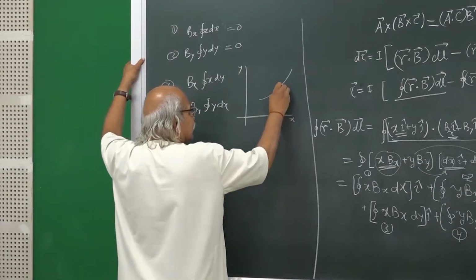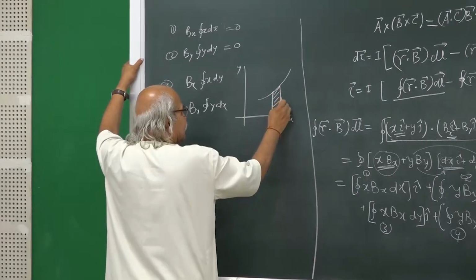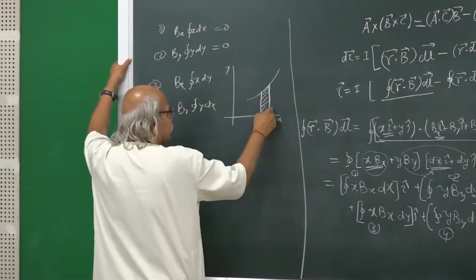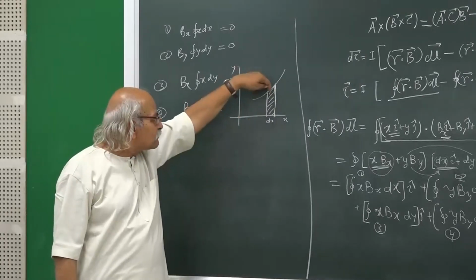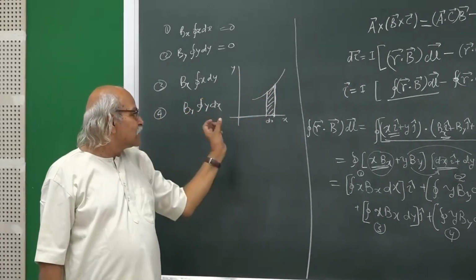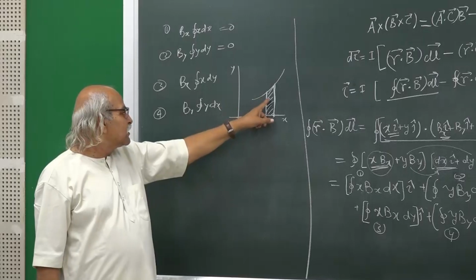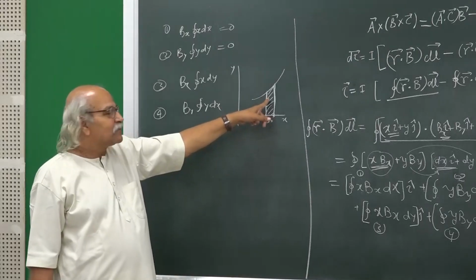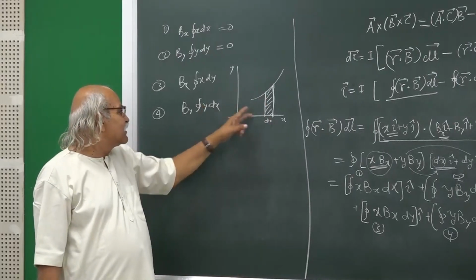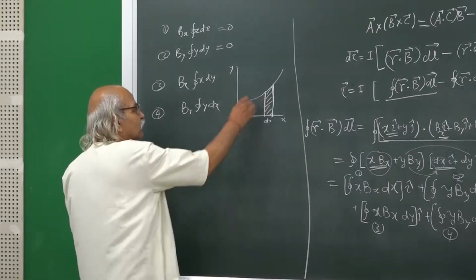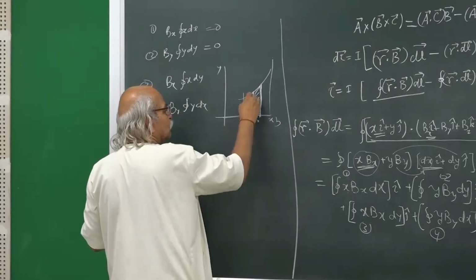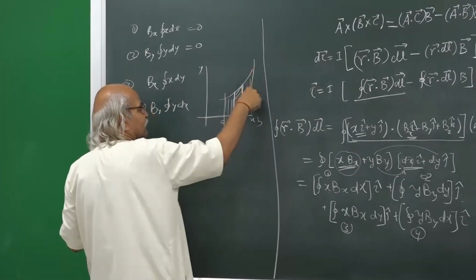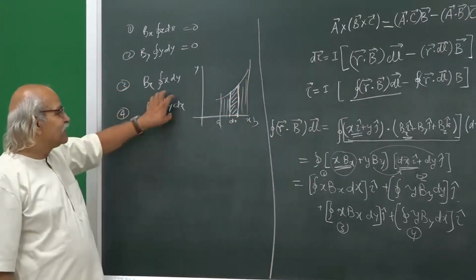This y dx is essentially the area under this curve, and as dx tends to 0, this description gets better and better. So, y times dx is this area. If you go from this point to this point, a to b, and add all these areas, that is the definite integration.